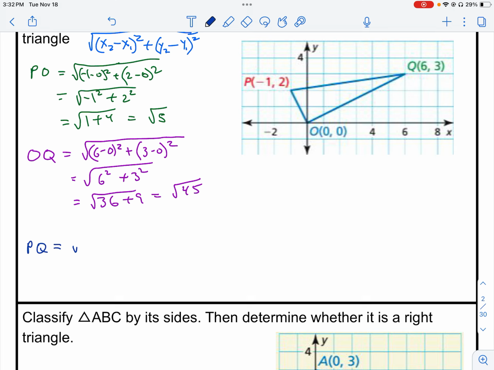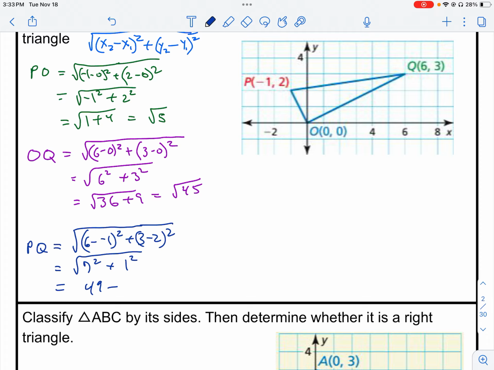So let's get this. We got 6 minus negative 1 squared plus 3 minus 2 squared. So that gives me 7 squared plus 1 squared.